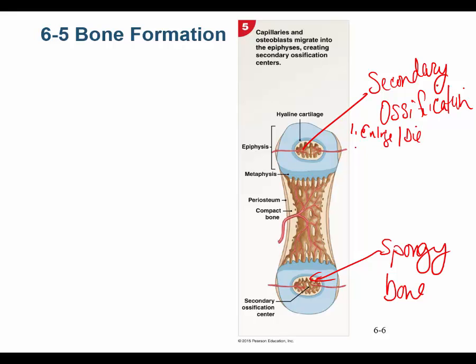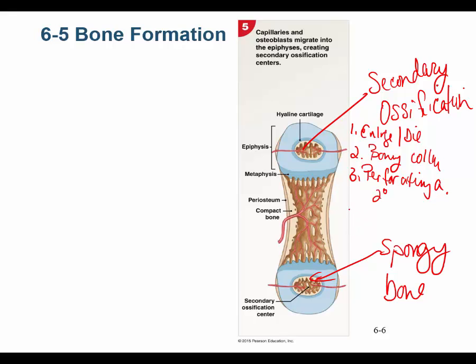They leave a cavity. 2, I have a bony collar. 3, perforating artery. Fibroblasts become osteoblasts, and I set up my secondary ossification center.